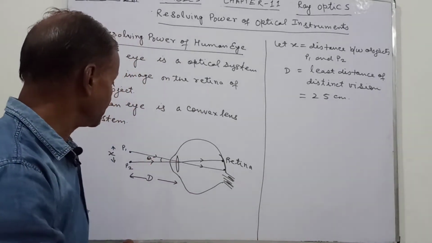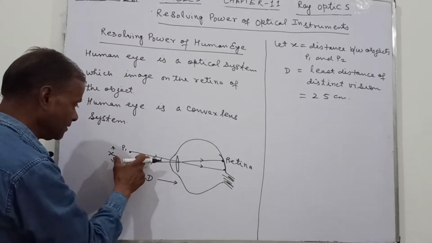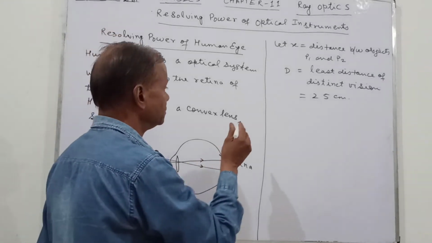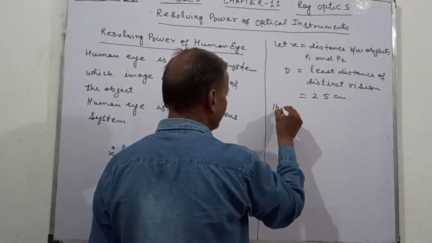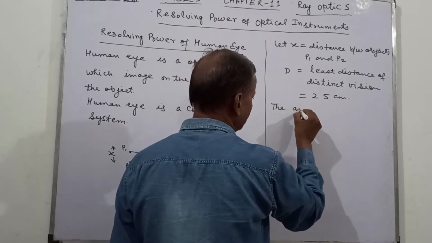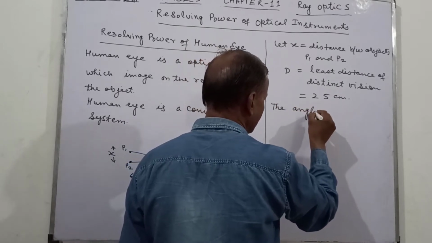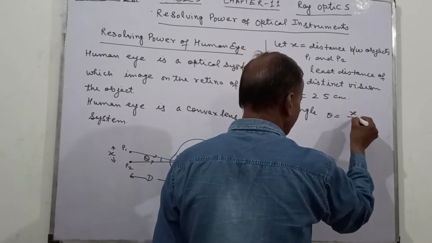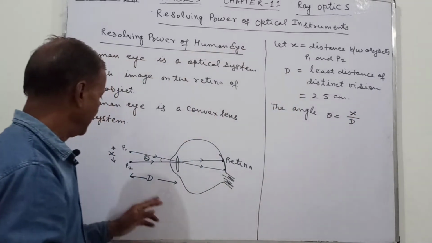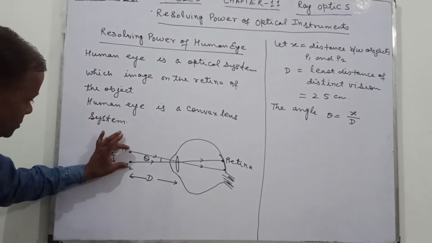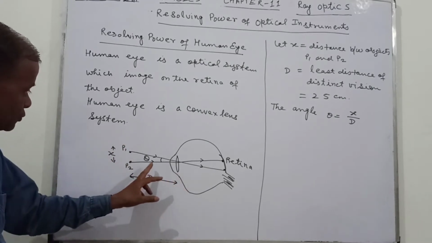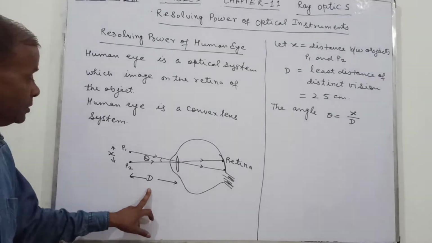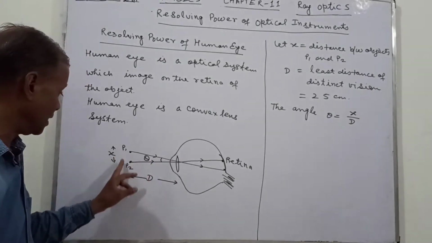So the angle made, how much is this angle theta? The angle theta is equal to x upon d. We can take that these two distances are equal, so this is angle equal to arc upon radius.